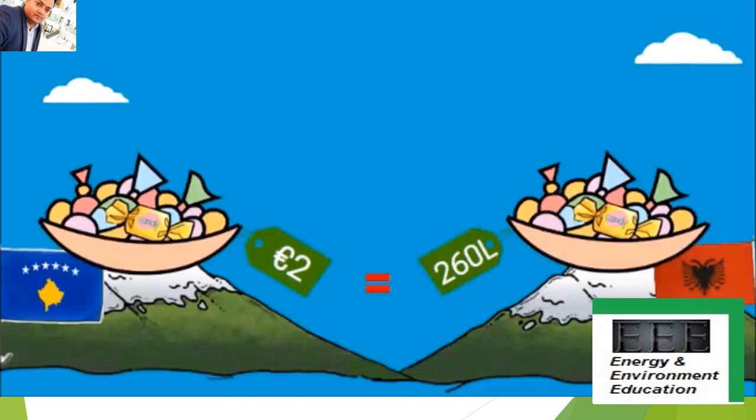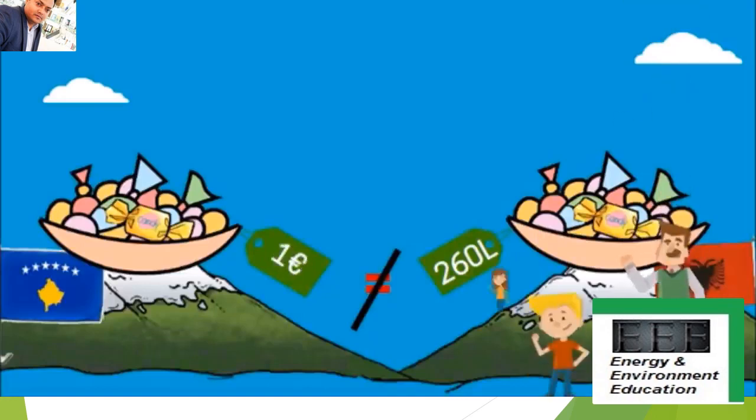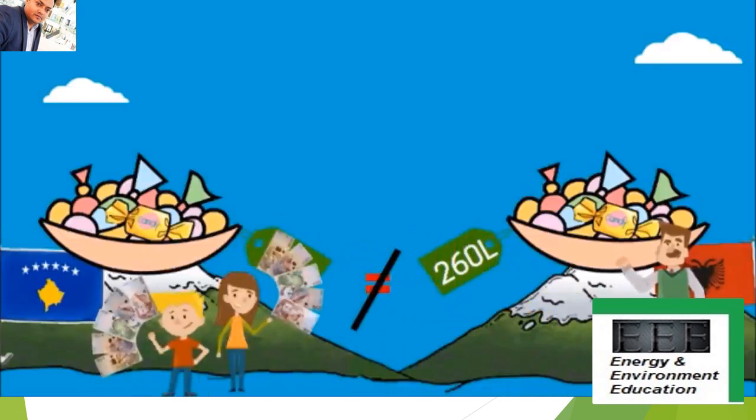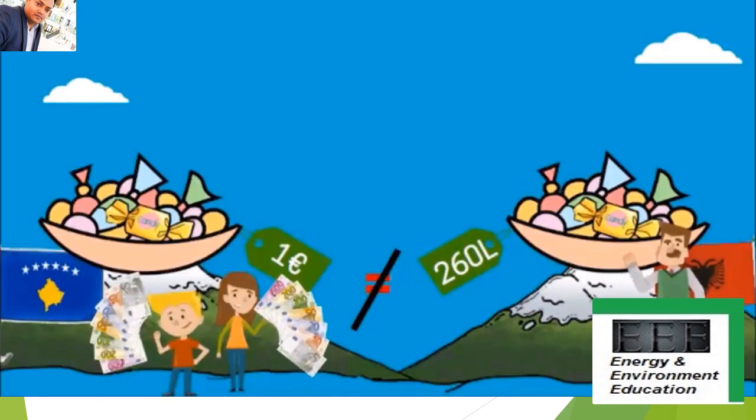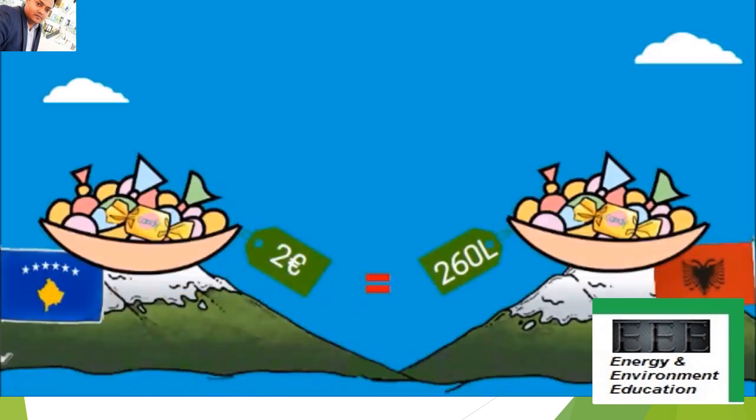But what happens when prices of candies are not the same in Kosovo and in Albania? If the candies are cheaper in Kosovo, some people from Albania would come to Kosovo and convert lek into euros in order to buy the candies at the cheaper price. This new demand for euros would raise the value of the euro until average prices of goods are the same in each country when converted at the new exchange rate.